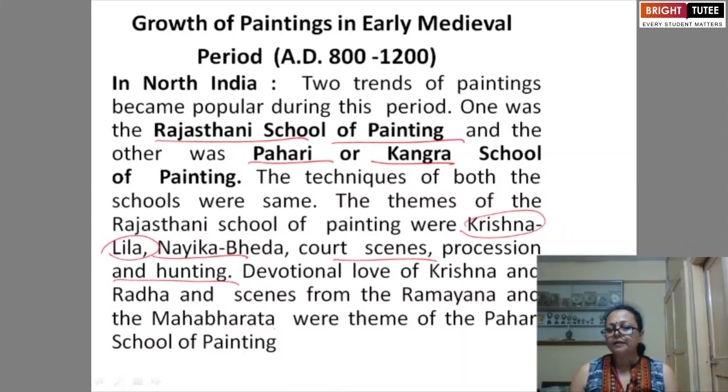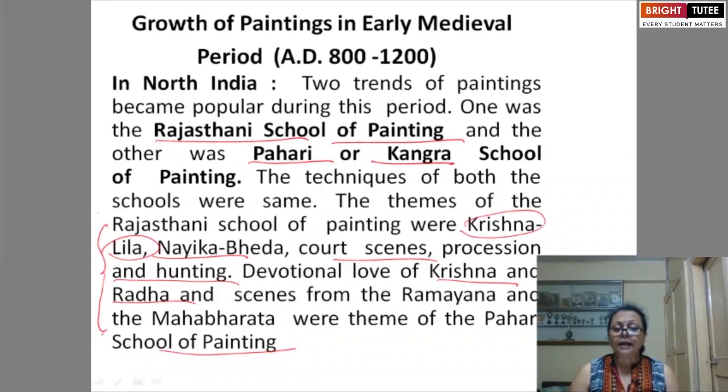The themes of the Pahari school of painting were the devotional love of Krishna and Radha, and scenes from the Ramayana and the Mahabharata. So they have their themes and their paintings were based on these themes. The Rajasthani school was based on Krishna Leela, Naika Bheda, court scenes, processions and hunting.